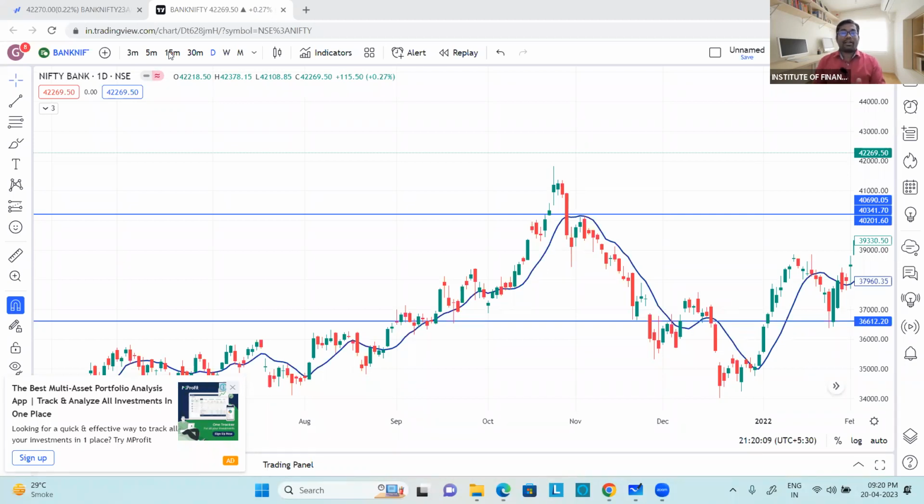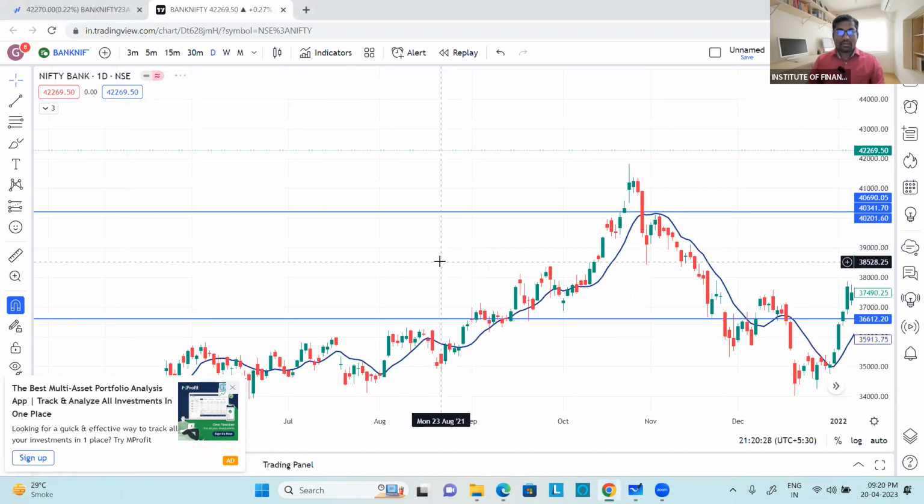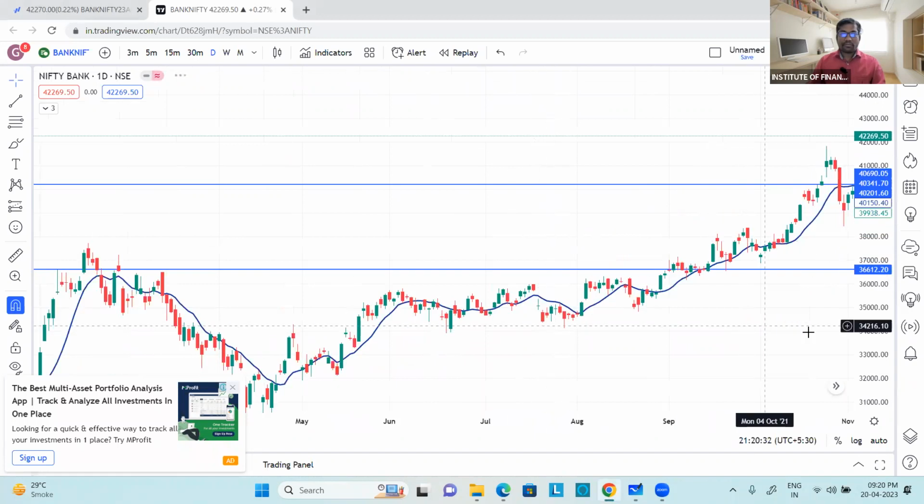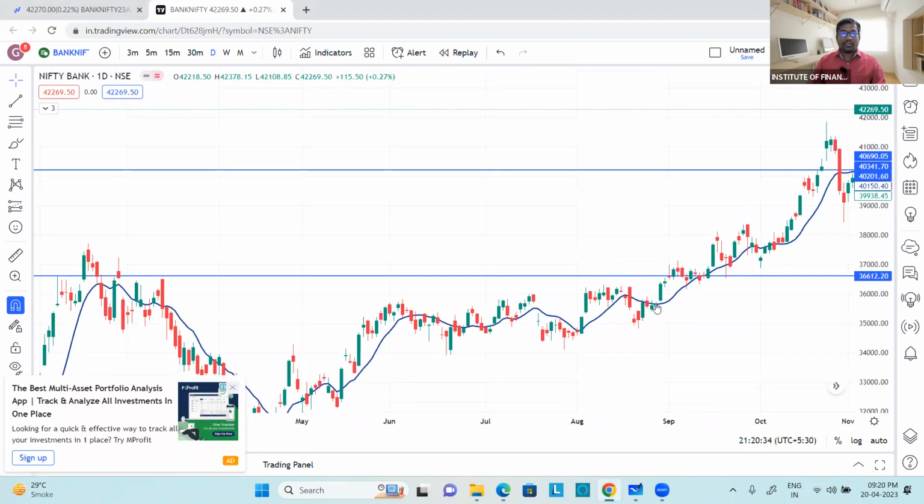Then remember, whenever there is a support and resistance, don't expect the reversals. Expect the reactions. That is what we need as a trader. Got it? Did you understand what I said?